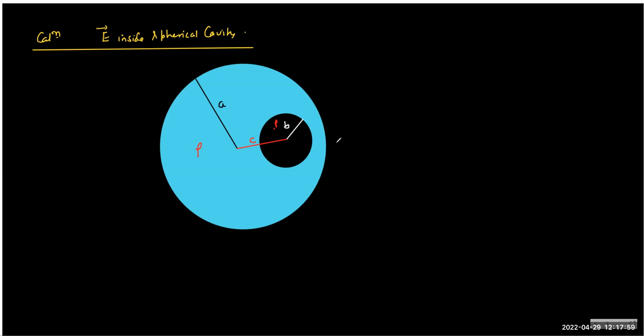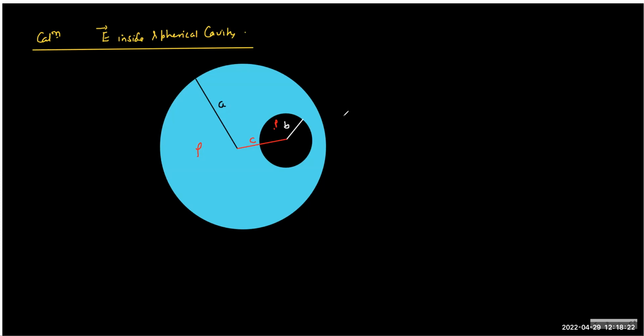Sir, it's 0. Okay, but how do you call it zero? Because charge enclosed is zero. That's why. Yes, sir. But if you look carefully, is it symmetrically arranged with respect to the outer sphere? Is it a symmetrical point? No, sir. So when things are not symmetrical, then the guess will not work.